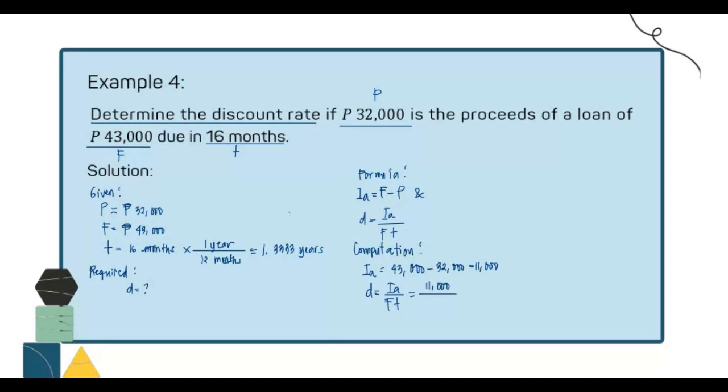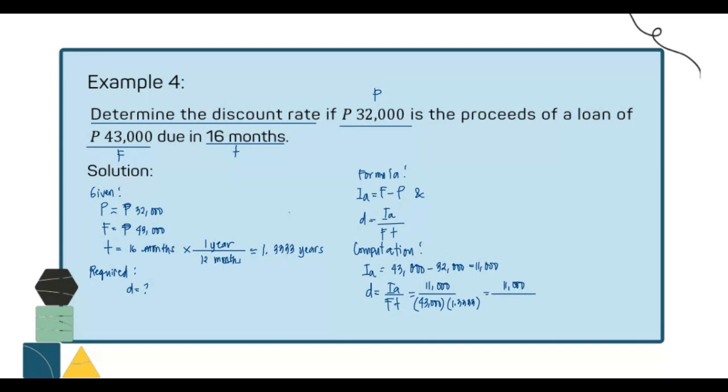And then our F is actually 43,000, times our term of the loan, which is 1.3333. Then it would be equal to whichever value we come up with by dividing this 11,000 by 43,000 times 1.33.